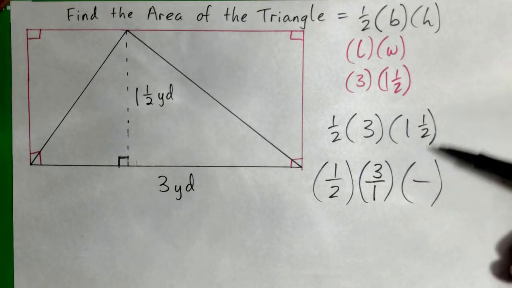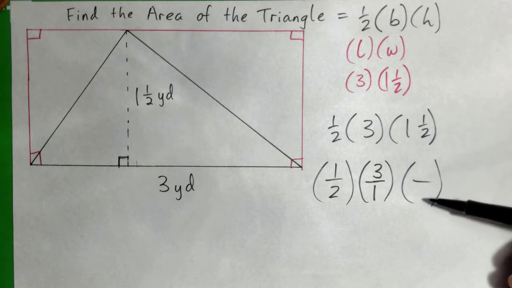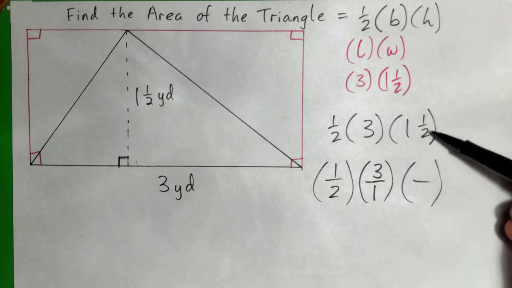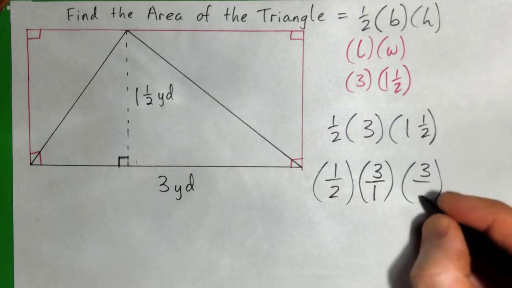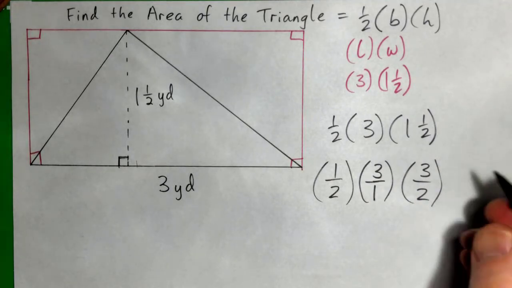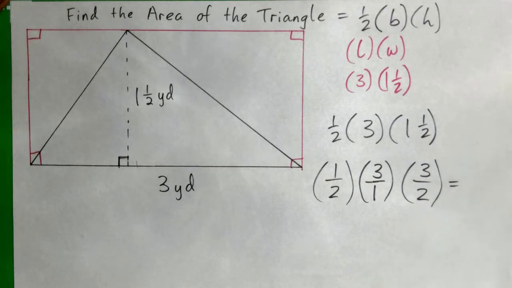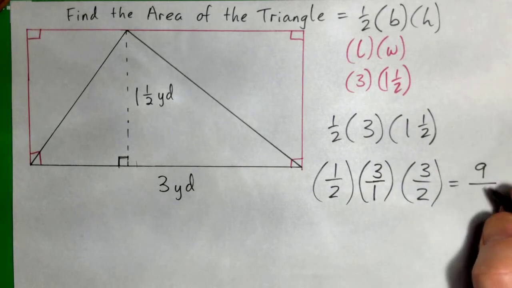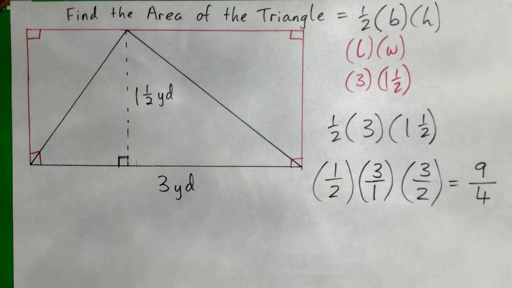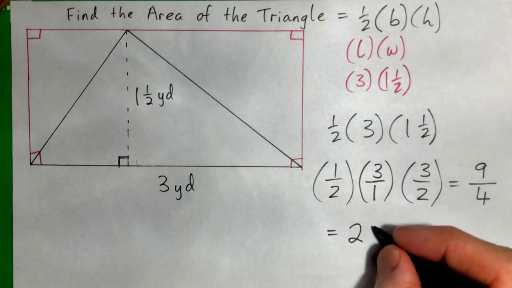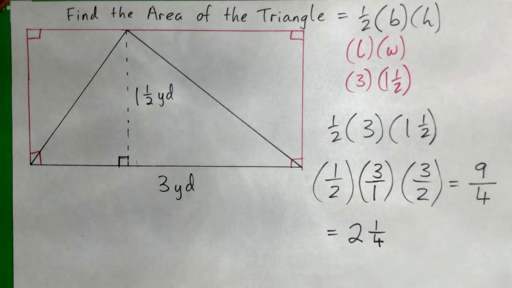How do I convert the mixed number to an improper fraction? 2 times 1 is 2, plus 1 is 3, so 3 over 2. Multiplying across, 1 times 3 times 3 is 9. 2 times 1 times 2 is 4. 9 over 4. Now let's make that a mixed number. 4 into 9 goes twice, with remainder 1. So 2 and 1/4.